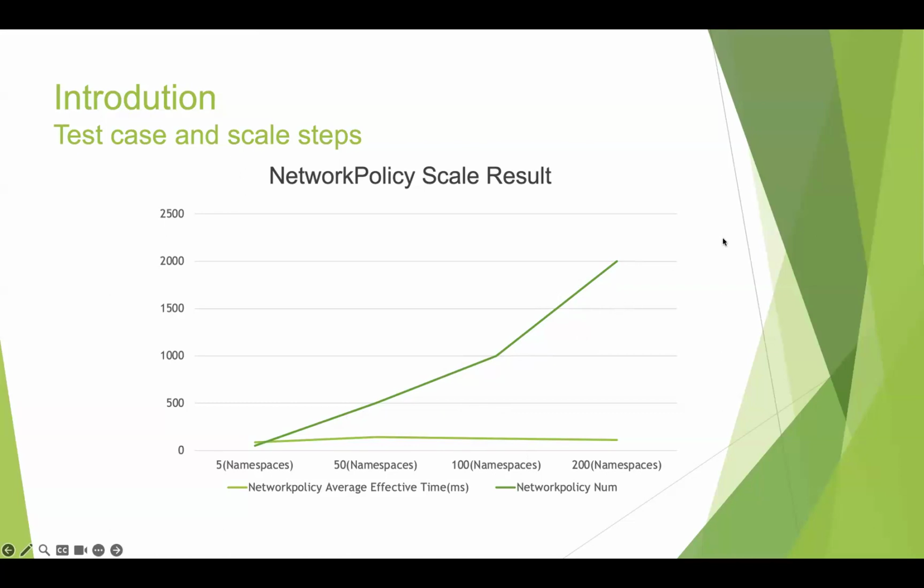Yeah. Or you can add more space between the last two points, so that at least the net policy number line could be straight, to better show how the metric is related to the scale. Oh, okay, I got it. I think it's easy to get this result. Thanks for the advice. Yeah.